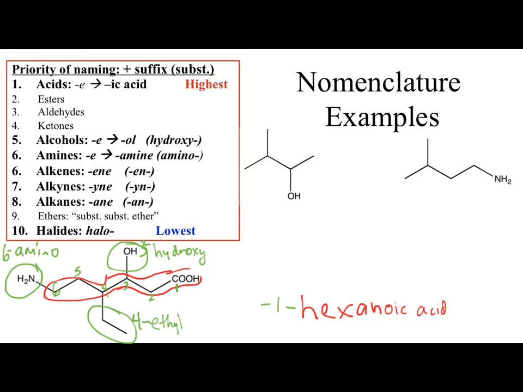Okay? So it's ultimately the same rules. We're just adding new functional groups to kind of level up the difficulty. Questions about that? Okay, we will accept that and move on.